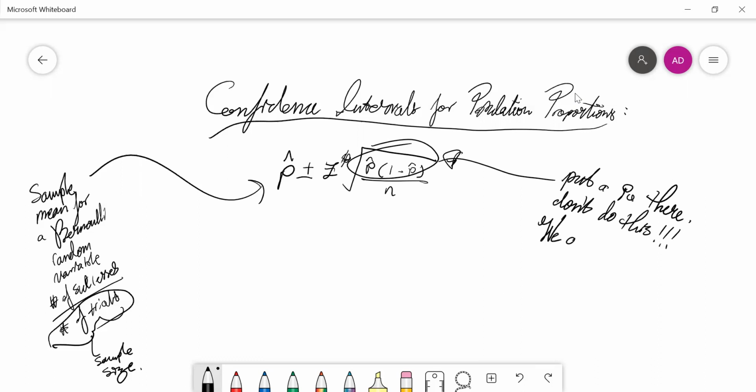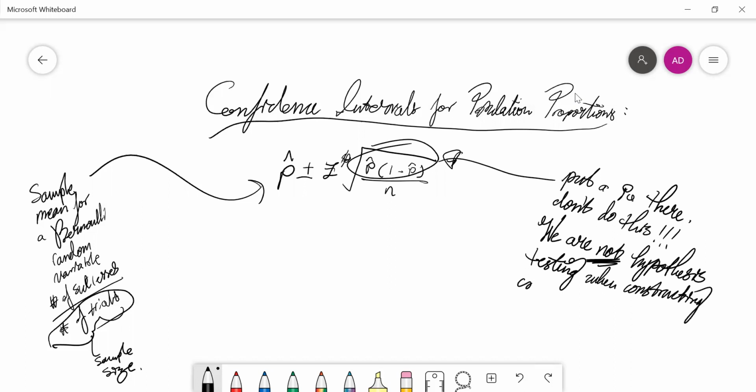We are not hypothesis testing when constructing confidence intervals.